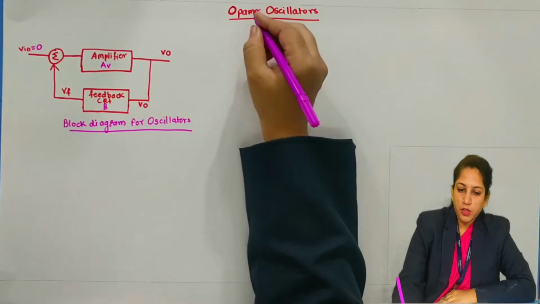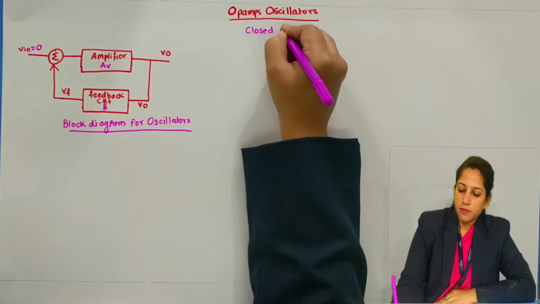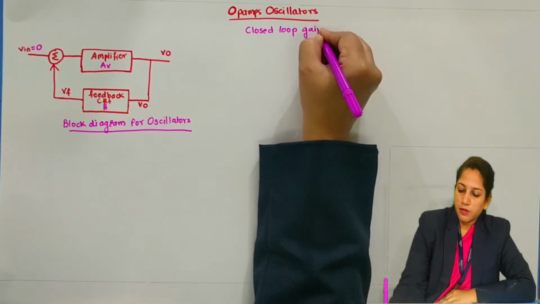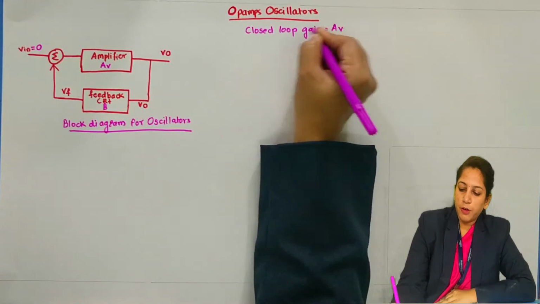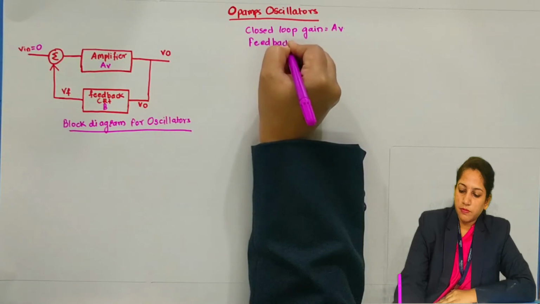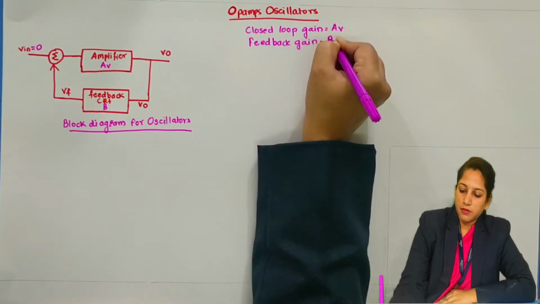Suppose the closed loop gain is AV and the feedback gain is beta here.